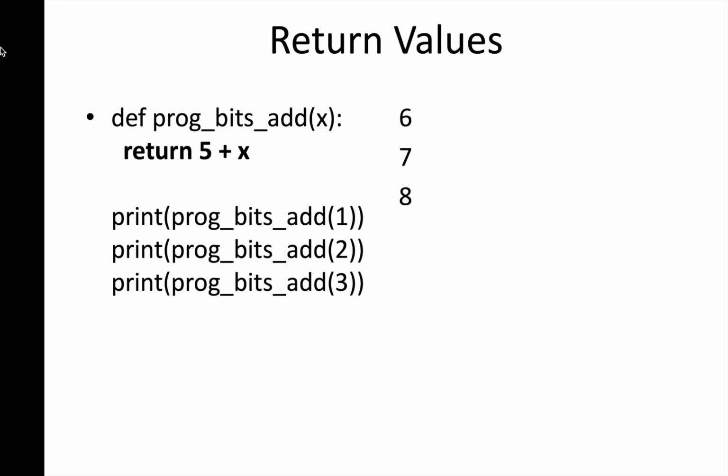The function name is prog_bits_add, and we are passing a value called x as argument. In the calling function we are passing values 1, 2, and 3. So three times we are calling the function, passing 1, 2, and 3. The outputs will be 5 plus 1, that is 6, 5 plus 2, that is 7, and 5 plus 3, that is 8.